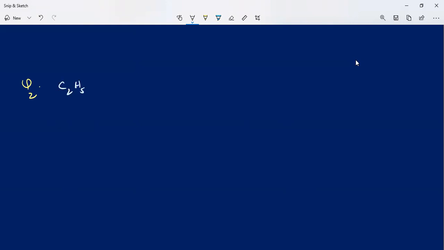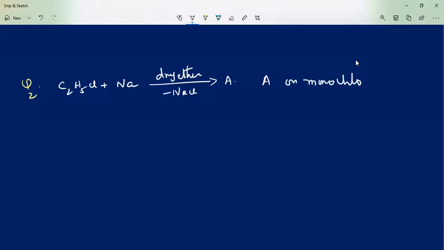C2H5Cl plus Na gives A, and on the arrow they have given dry ether, and NaCl is removed to get A. A on monochlorination gives how many isomers?